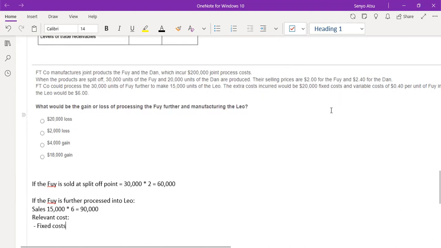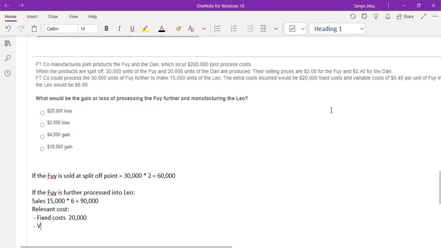It means that this 20,000 could have been avoided if we didn't further process. Because of that, we can call the fixed cost incremental, so it's relevant. You also spend on variable costs, which is 0.4 per unit of the F introduced. So 0.4 times 30,000 units of F introduced.